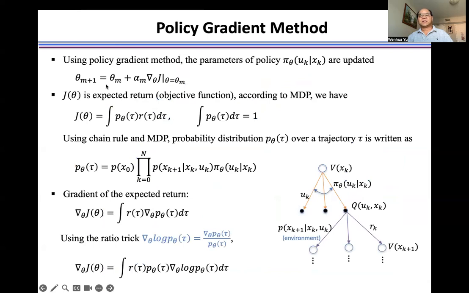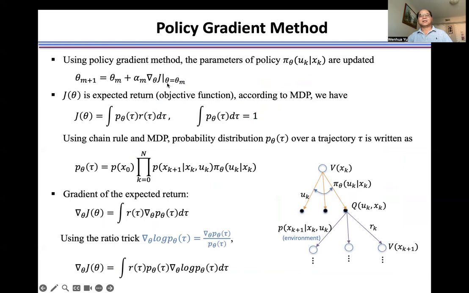For the policy gradient method, the idea is we need to define an objective function, and then we calculate the derivative of the objective function with respect to the policy parameter.